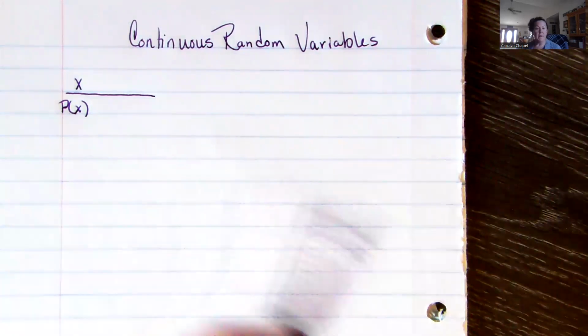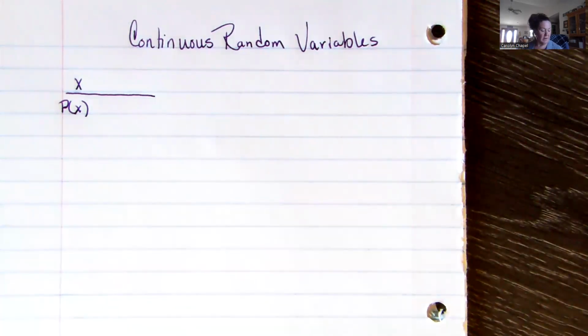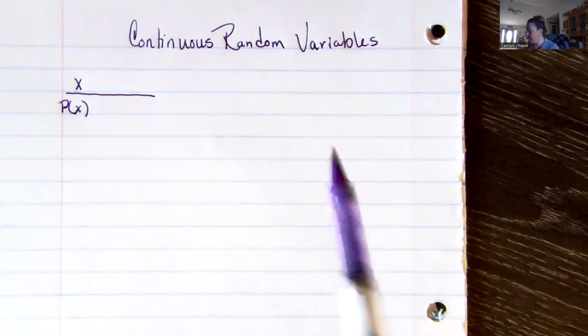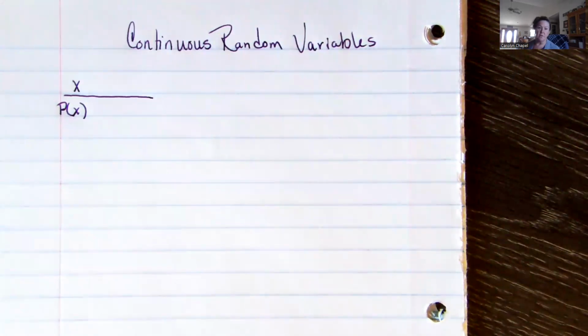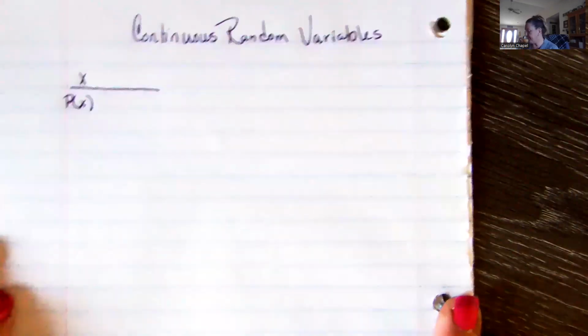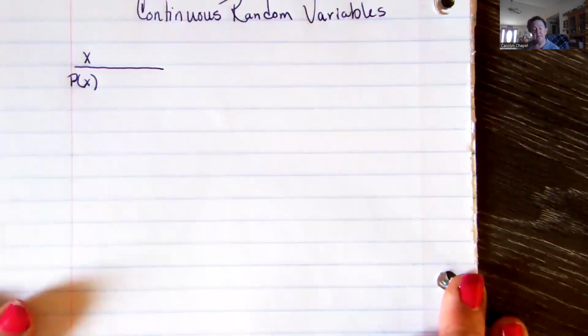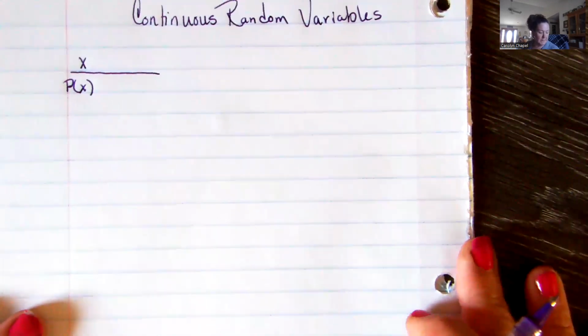But in the continuous system, we can't even do that, because continuous random variables have a continual interval of some sort as outcomes. For example, a person's weight, which could range anywhere from 0 up to 2 tons or more, I don't know. So what we have to do is find a different way to represent their probabilities.